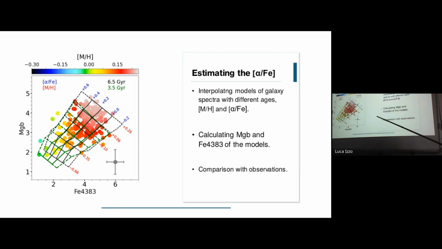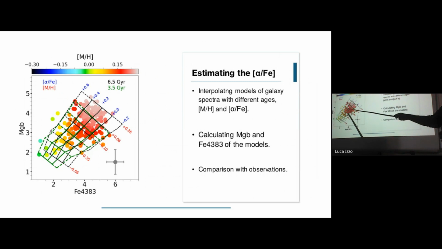But we also already published another paper where we estimated the alpha over iron abundance of a subsample of these LEGA-C galaxies, quiescent galaxies. And how did we estimate the alpha over iron? We simply use these two spectral indices. MgB is sensitive to the alpha elements, Fe4383 to the iron abundance. You compare these two spectral indices.